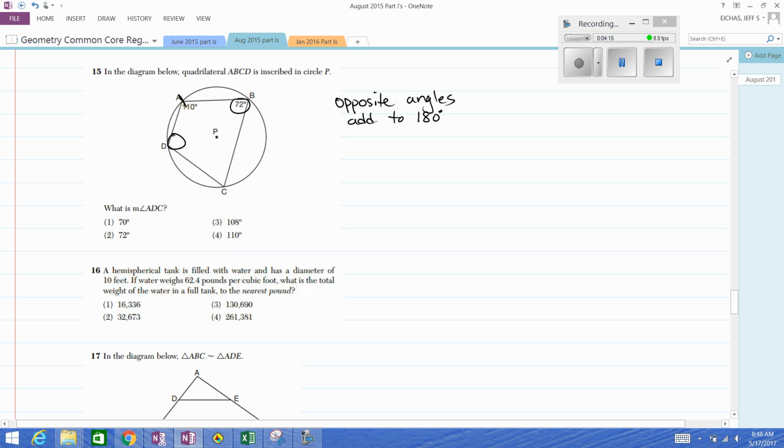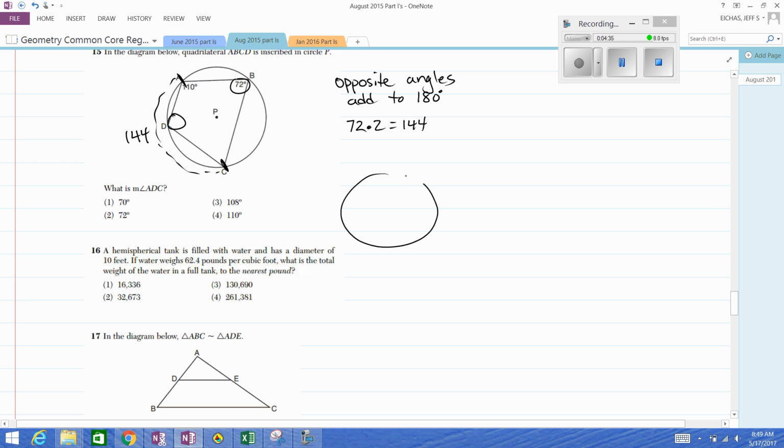Another way we could do this, instead of relying on that memory, is to look at angle B. Angle B opens up to this arc AC, and that arc AC is 72 times 2, 144. So from A to C is a 144 degree arc. 360 minus 144 is 216.